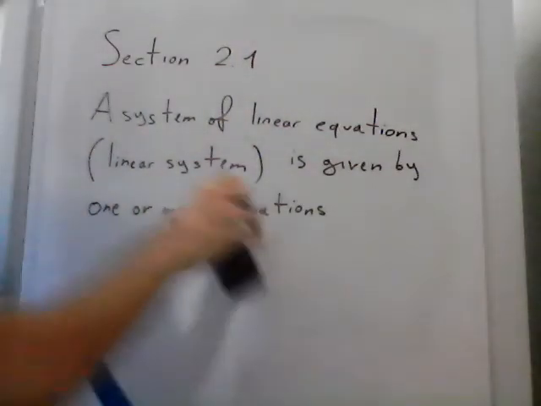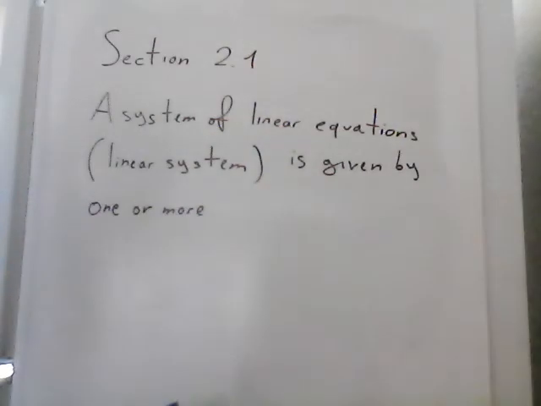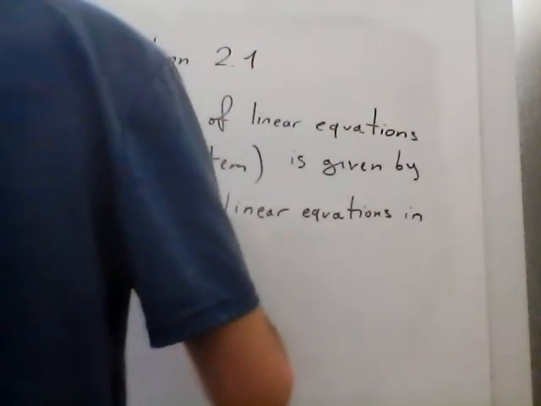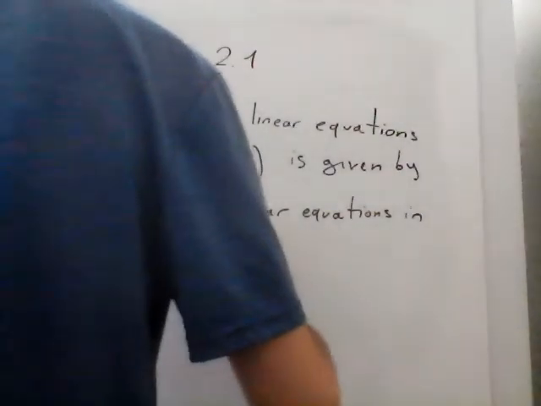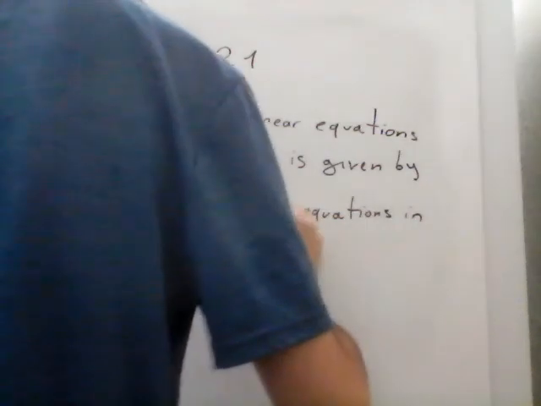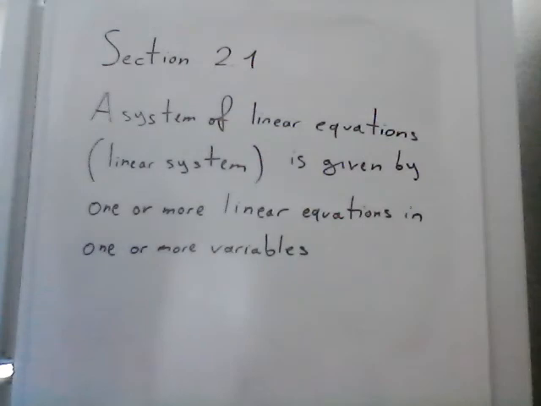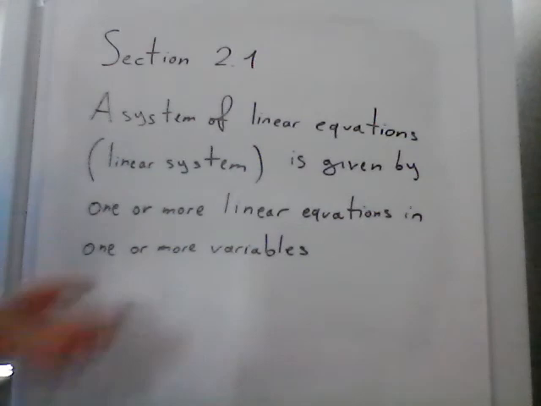Let me say it better: in one or more variables. Okay, so a linear system is a bunch of linear equations, and these linear equations can have more than one variable.